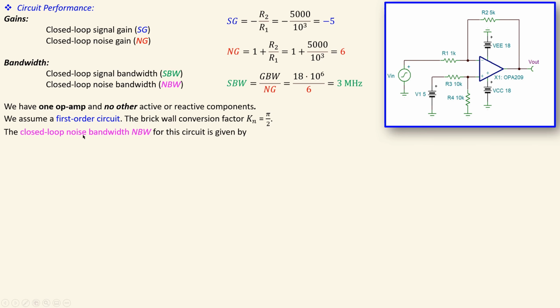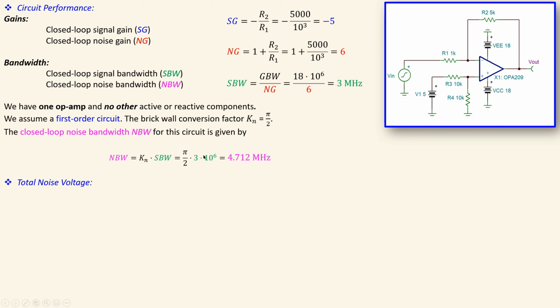Now we have the noise bandwidth for the circuit given by this expression: this noise bandwidth is equal to the signal bandwidth times this conversion factor. So we will have pi over 2 times that 3 megahertz. You will have 4.712 megahertz. This is, in this case, much larger than the signal bandwidth. Okay, now the next one is the total noise voltage.